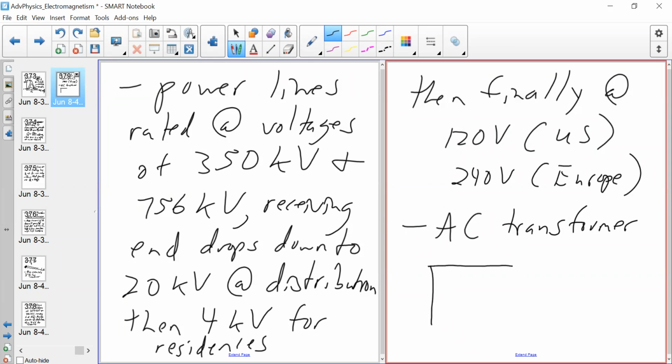So we have, say, an iron core. It's actually one of the labs at the community college I teach at. Iron core here. Say we have an AC voltage source, and we have some turns of wire here, and then over here we have more turns.